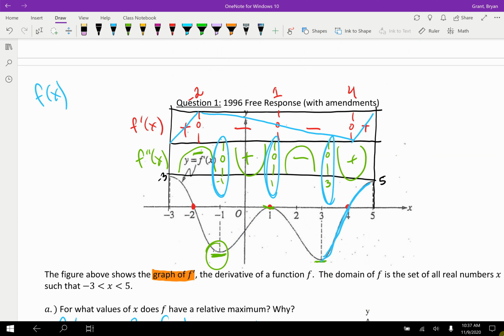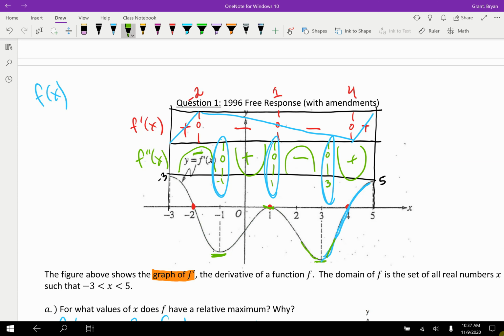So f prime is decreasing on the left side, increasing on the right. We changed from decreasing to increasing. Same thing over here, we changed from increasing to decreasing, or over here we changed from decreasing to increasing. So we need to say that succinctly, because I don't want to write forever.